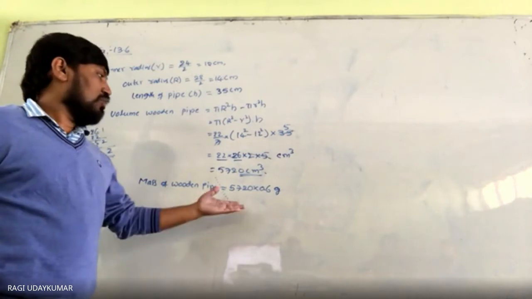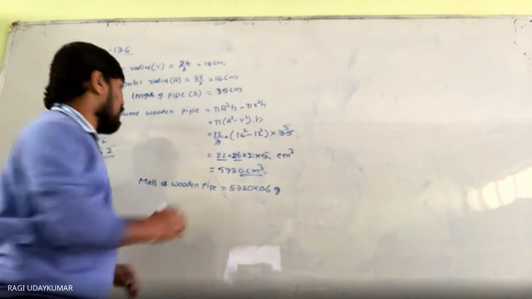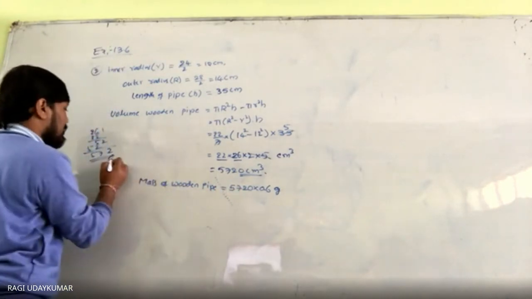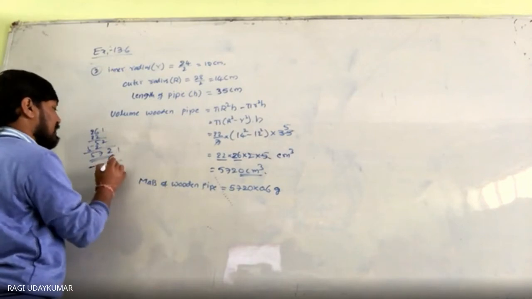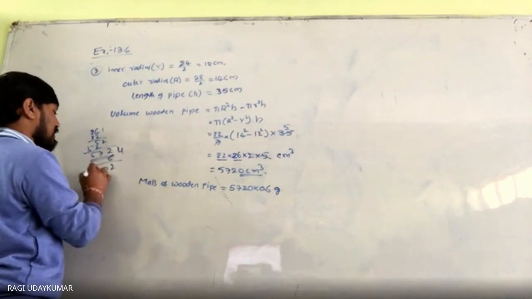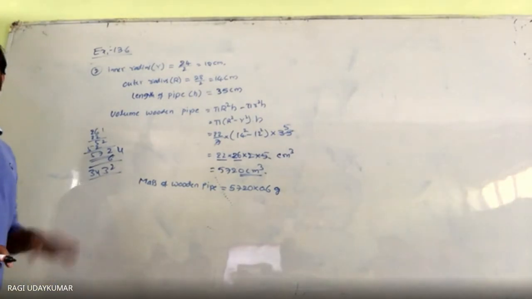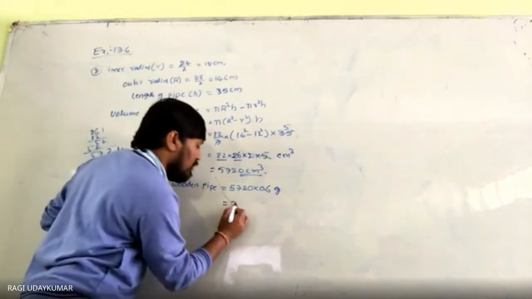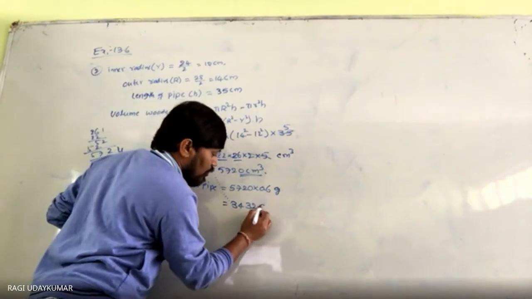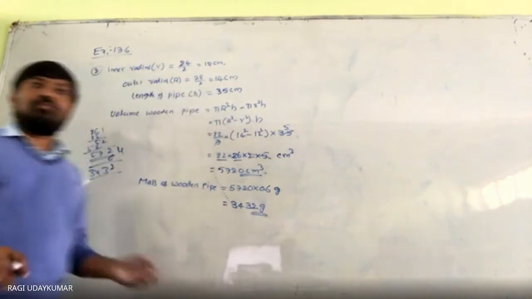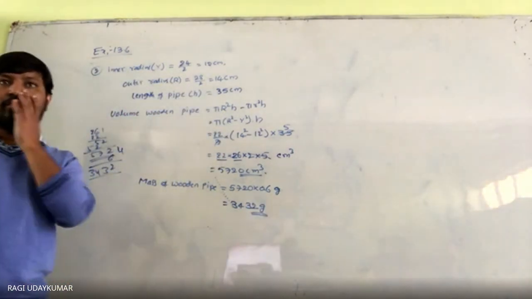Okay, multiply 0.6, the 0 will go away, 572 multiplied by 6: 12, 7, 6... 3432 grams. 3432 grams. Okay.